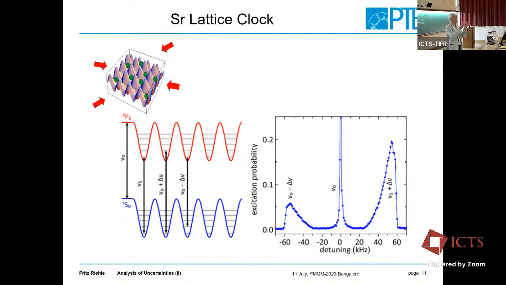So they have measured this over years and did not find a change in the ratio. So at least at this time, it is lower than 10 to minus 17 per year. And what we saw was rather 10 to minus 16 per year.